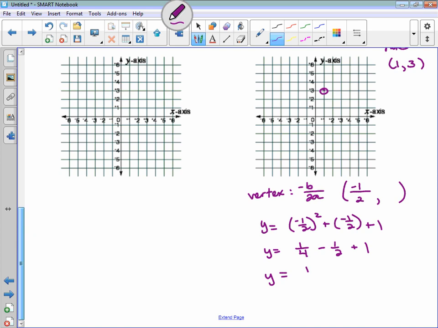If we found a common denominator for everything, that'd be 1/4 minus 2/4 plus 4/4. What do we get? 3/4. All right, so negative a half, 3/4. That is your vertex.